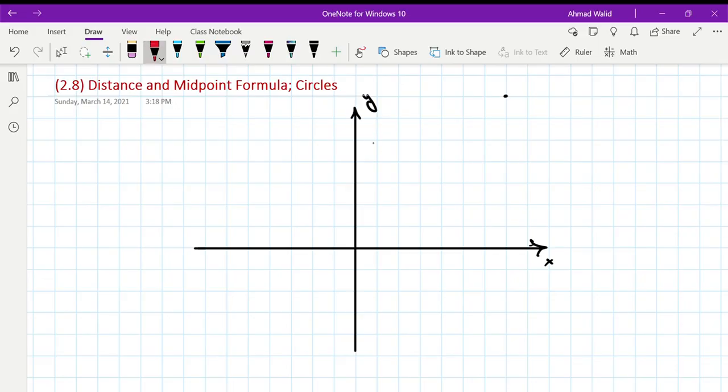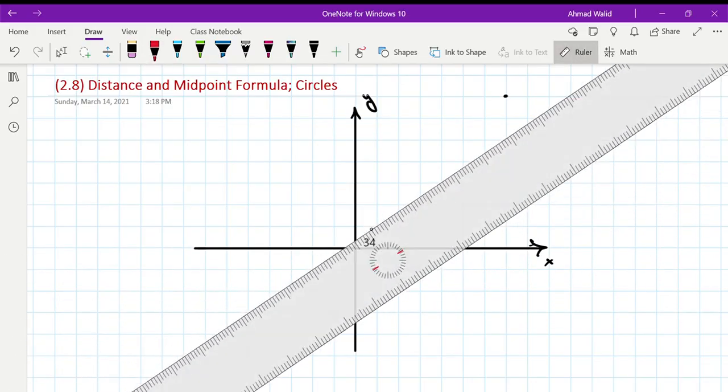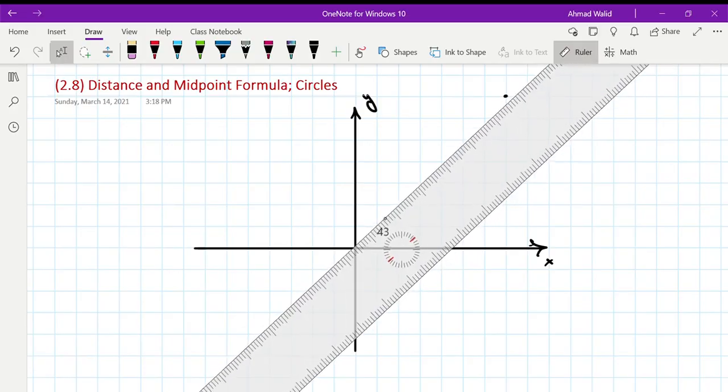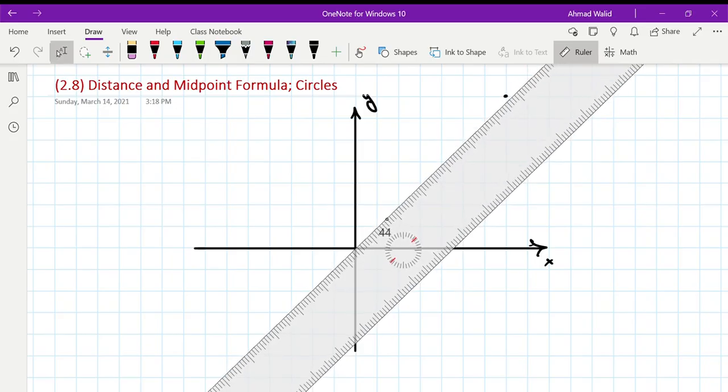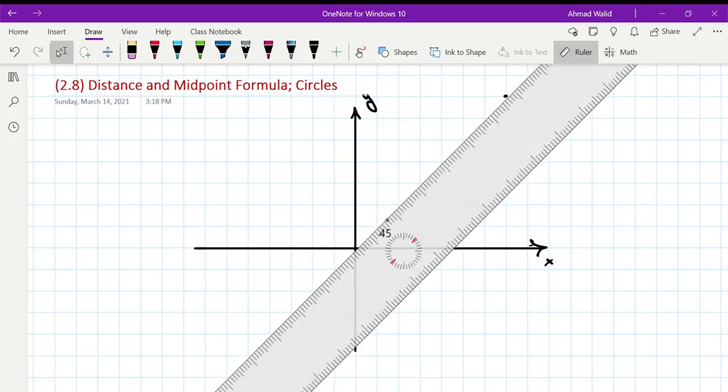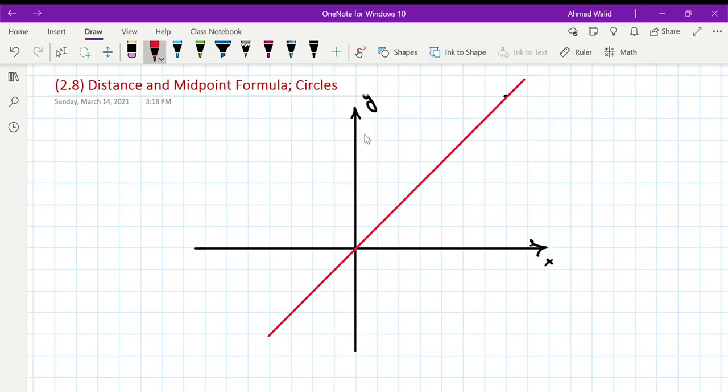I will draw another line here, which passes from the center. Any line, it doesn't matter if it passes from the center or not. But this one I choose to, in your book, they choose also to pass this from the center. This is a line.